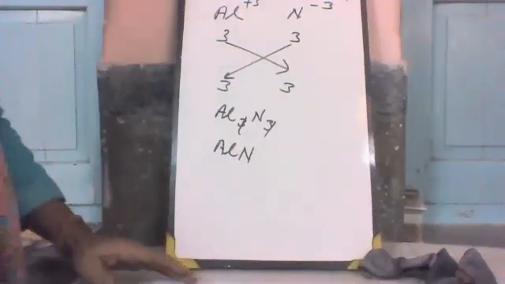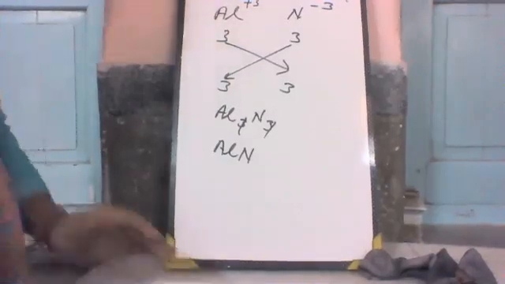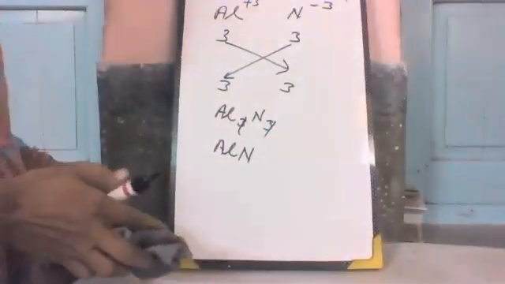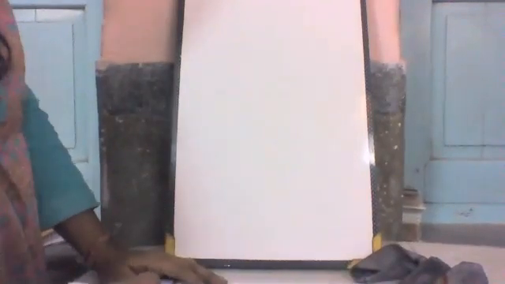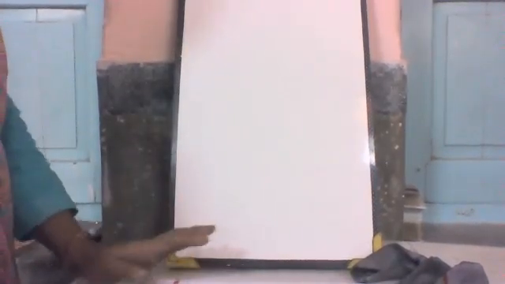Then next is some important radicals and their charges. There are 2 types of charges, electropositive and electronegative. Here are examples of electropositive and electronegative charges. You have to learn all the valencies given in the table, symbols and valencies of positive radicals and symbols and valencies of negative radicals.